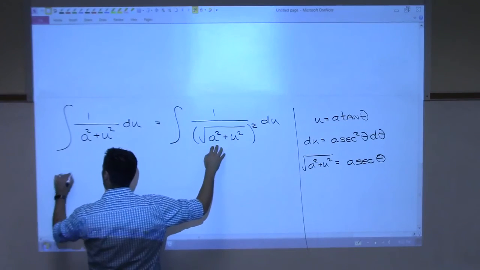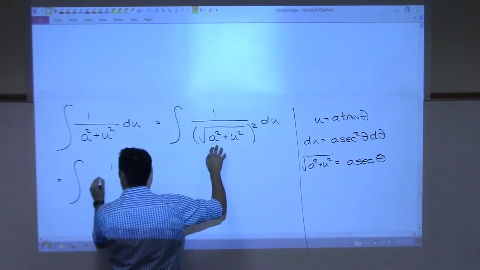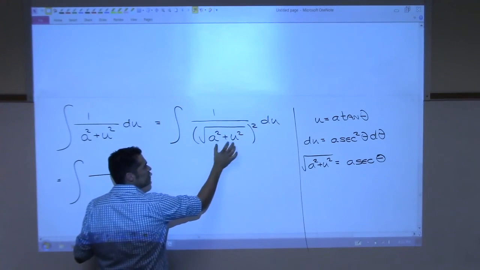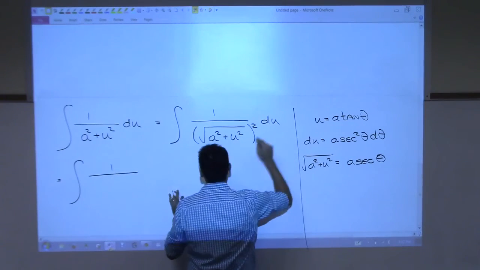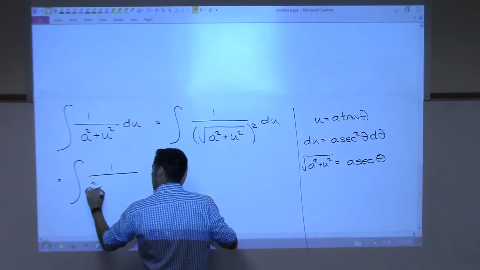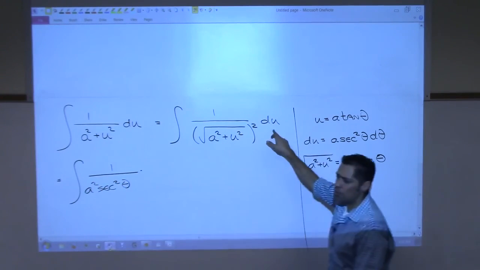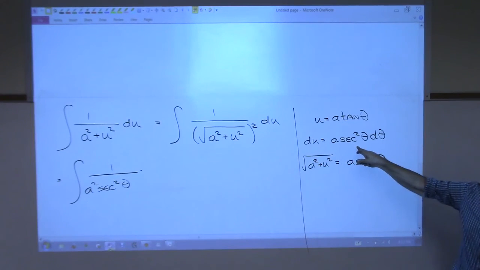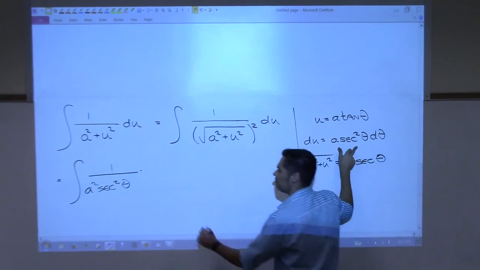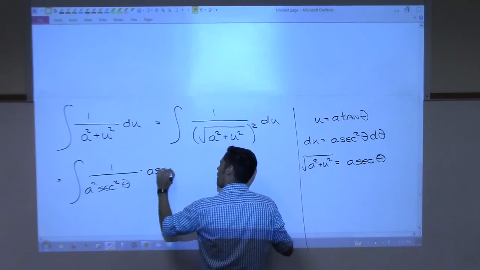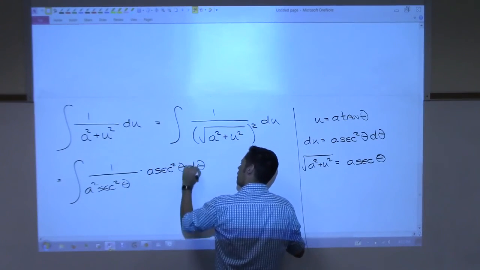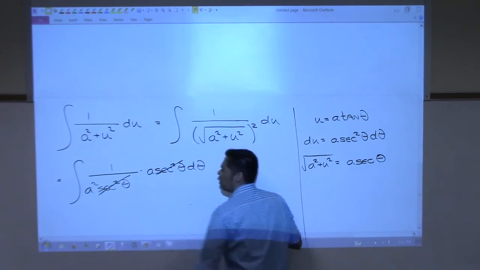All right, so now rewrite this. This is going to be the integral of 1 over, what's this root piece? That's a secant theta, but then I'm squaring it. So a squared secant squared theta times, now du is a secant squared theta d theta. And your secant squareds are gone.